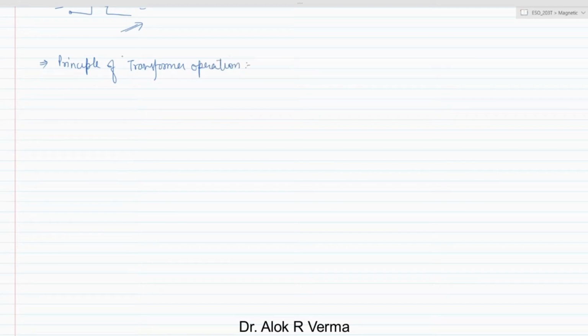So basically a transformer is a static device which consists of two or more stationary electric circuits interlinked by a core. So this is the iron core, which is having two coils or windings.